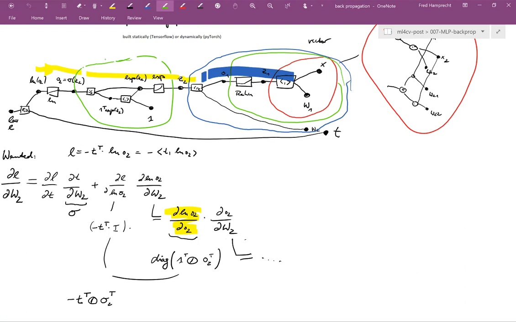But in general, we now have the convenience that automatic differentiation will take care of all of this for us.